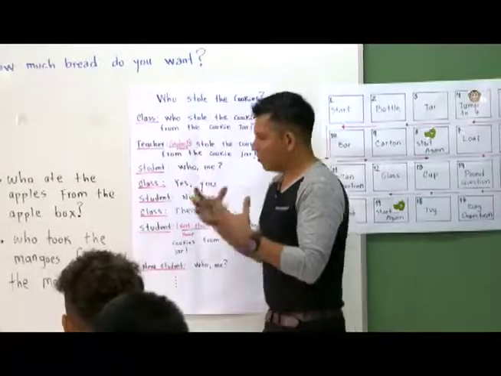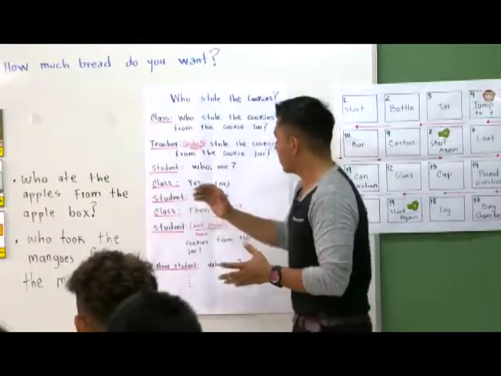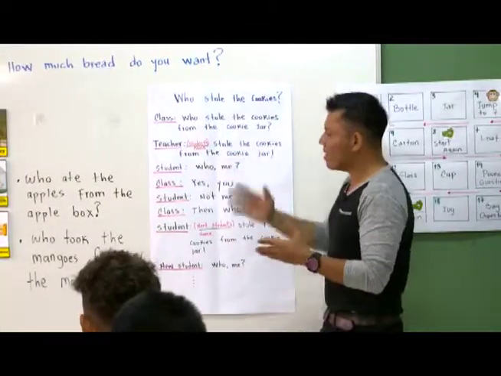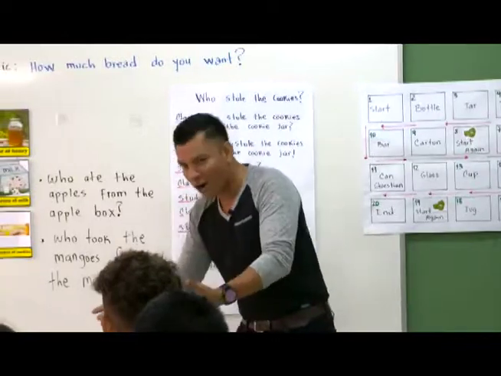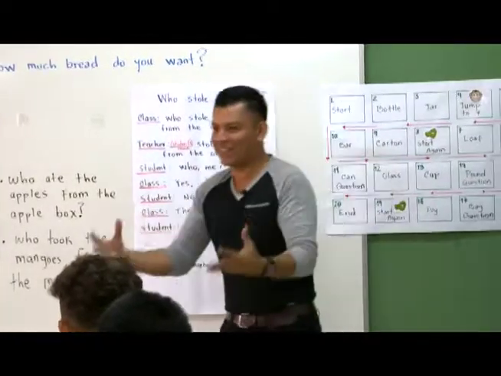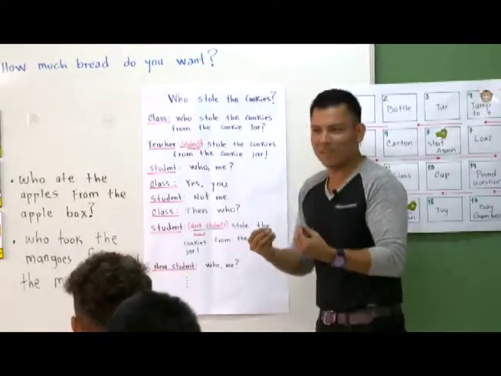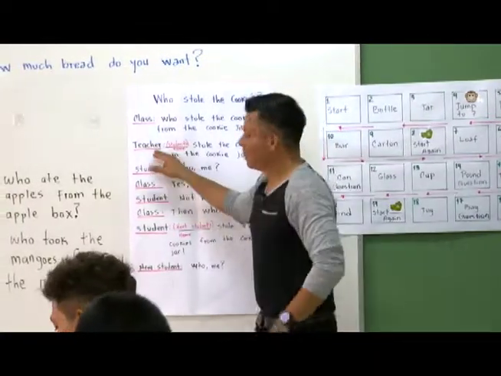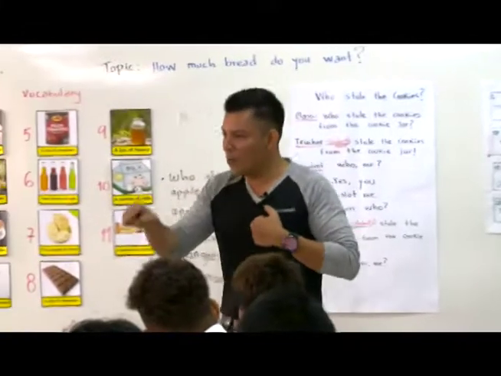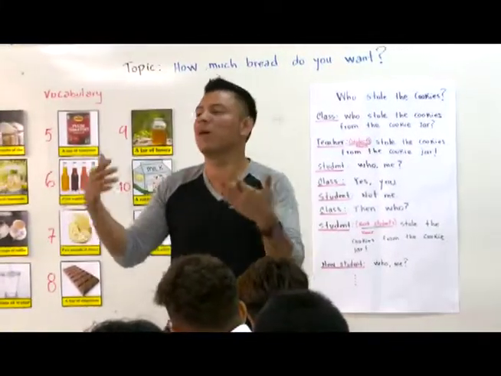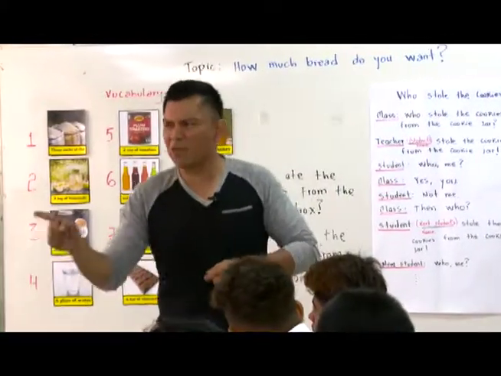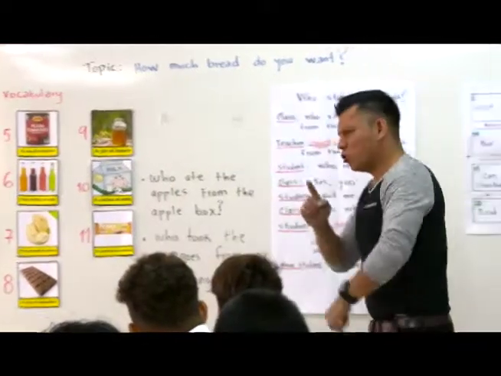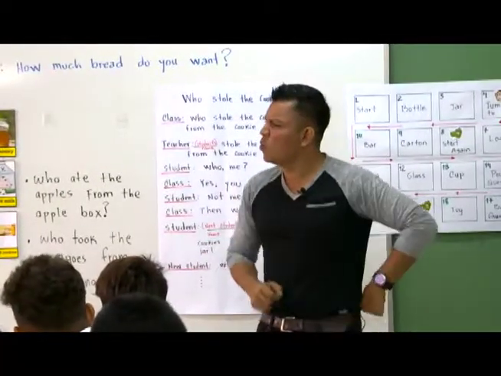As a class, we're gonna say, who stole the cookies from the cookie jar? That's the first question. Everybody's gonna say that with enthusiasm, laughing, smiling. Then I'm going to point at one of you, for example, Pedro. Pedro stole the cookies from the cookie jar.